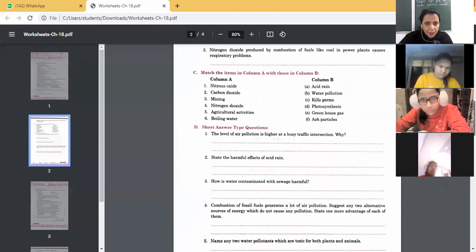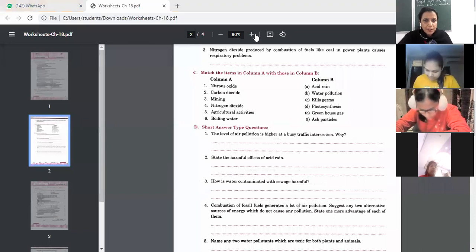Let's move to the next page. Next is nitrogen dioxide produced by combustion of fuels like coal in power plant causes respiratory problem. So you need to tell what is wrong in this statement. Nitrogen gas produced by combustion. Tell me.